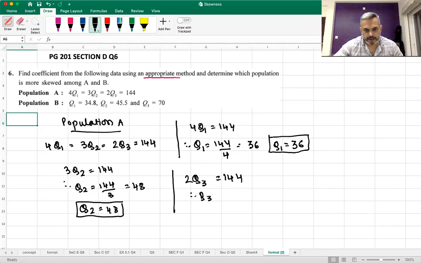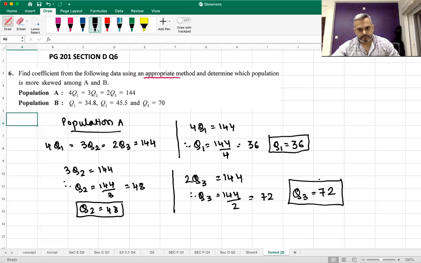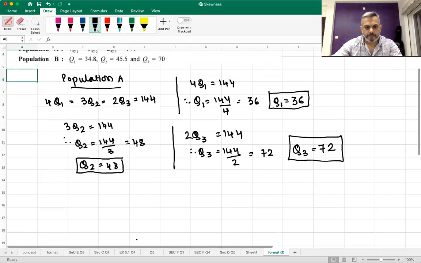Therefore, Q3 is equal to 144 divided by 2, which is equal to 72. So Q3 is equal to 72. Okay, so we have got everything for population A.